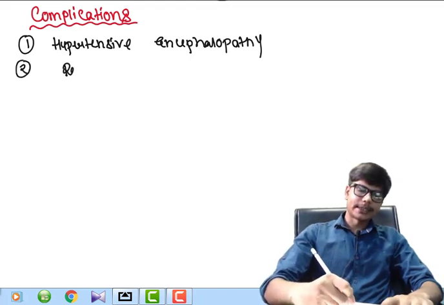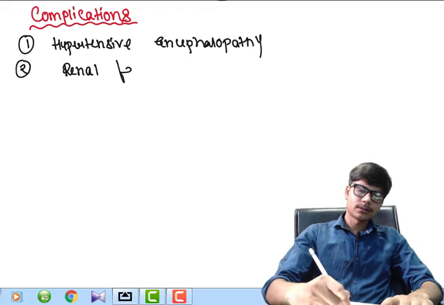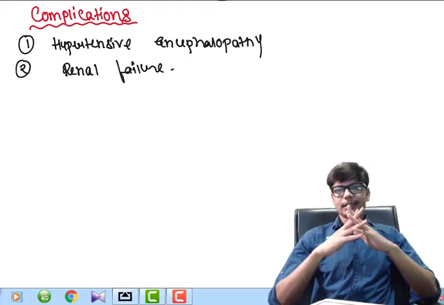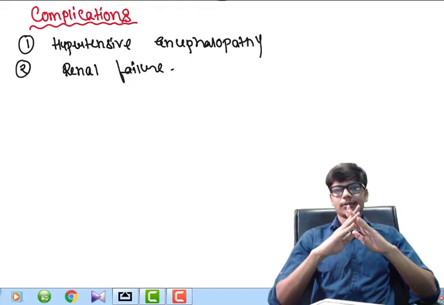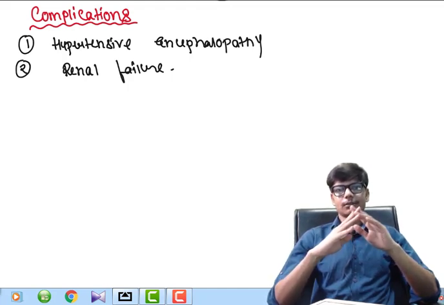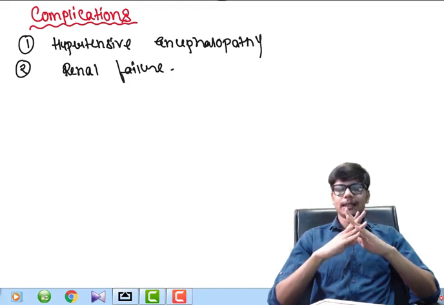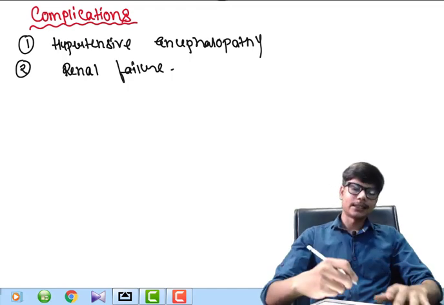Oliguria can lead to renal failure in a patient with APSGN. The nitrogenous waste product is now retained in the body due to oliguria. There is not a sufficient amount of urine to excrete the nitrogenous waste product, and it can result in retention of urea and creatinine in the body, and can result in renal failure.